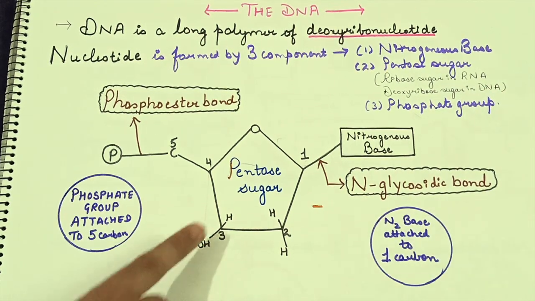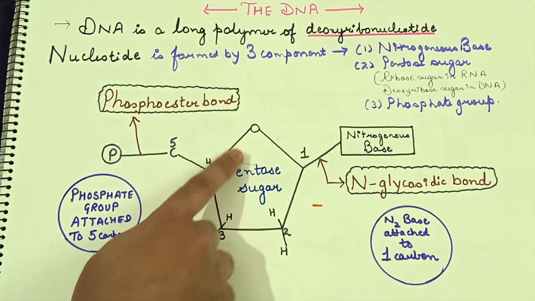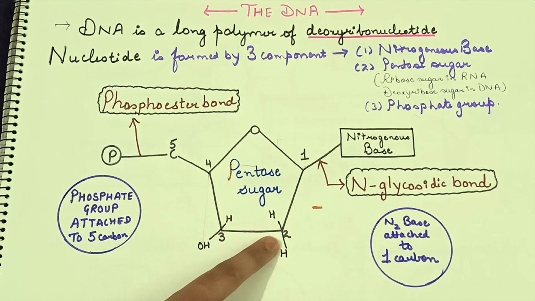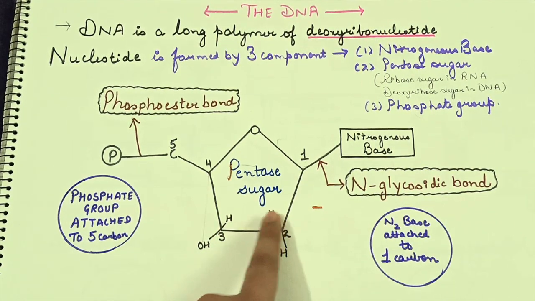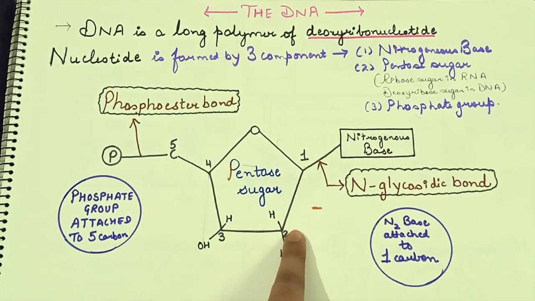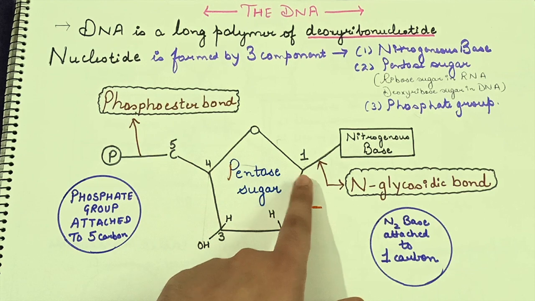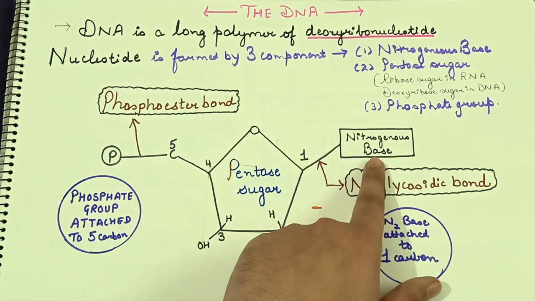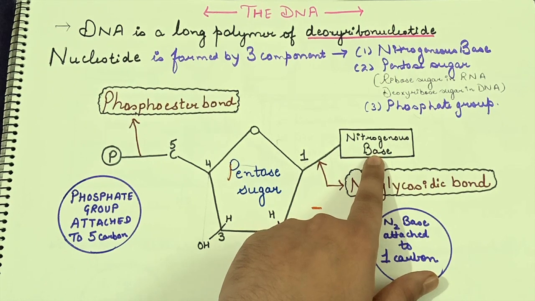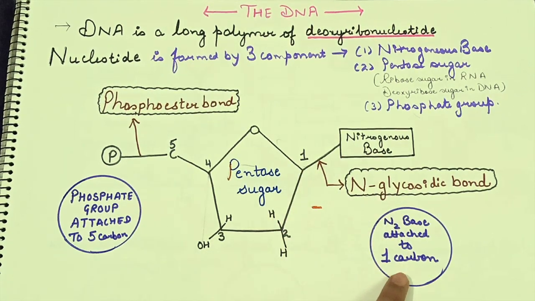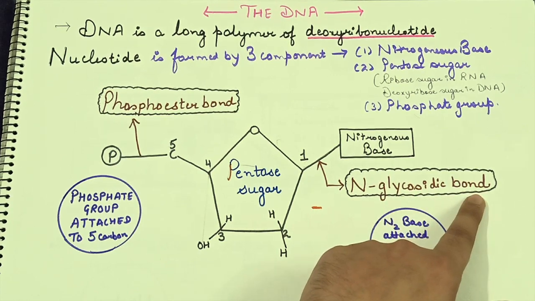Given here is the diagram of a nucleotide. So as you can see here, there is pentose sugar which is made by 5 carbon. Carbon 1, carbon 2, carbon 3, carbon 4 and carbon 5. On carbon 1 is linked nitrogenous base. Now this nitrogenous base is attached at carbon number 1 by N-glycosidic bond.